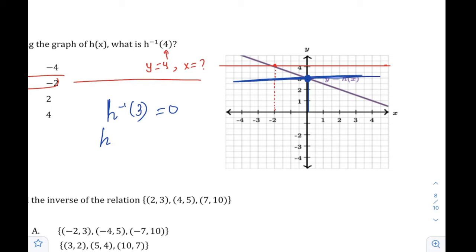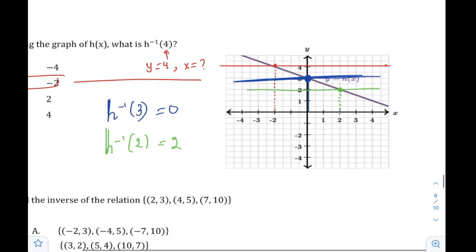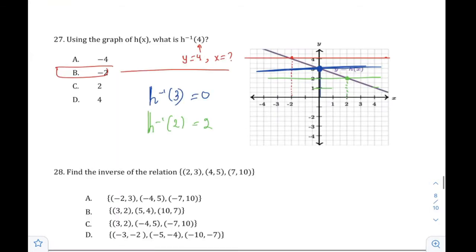Change the color again to see how we can easily find everything. What is H inverse of 2? So this is 2. 2 is here. This is the value of x that has been paired with 2. So it is 2 as well. So we have many ways to do that. This is the easiest way. What is H inverse of 1? 1 with 4. So we now have the idea.